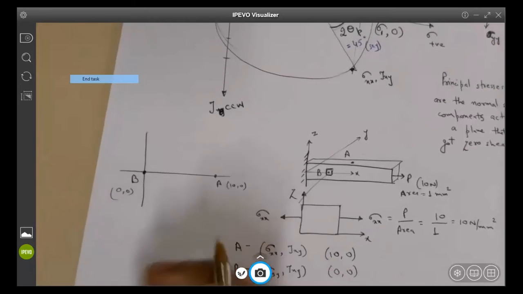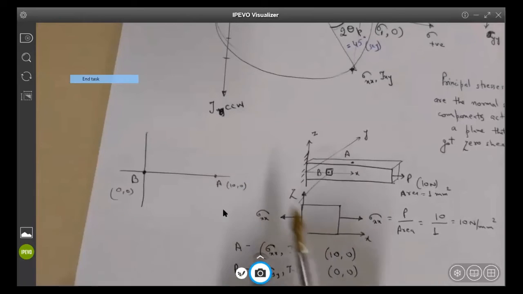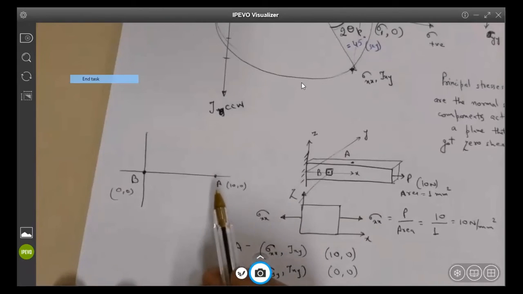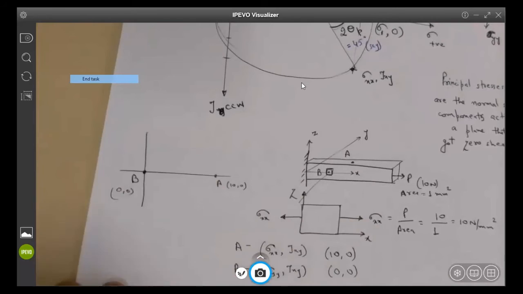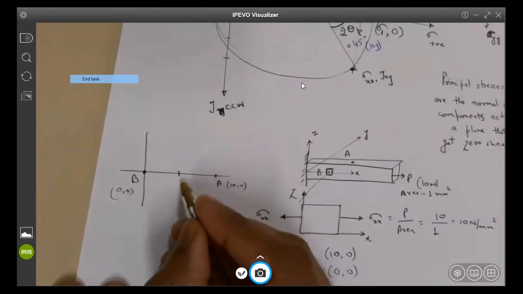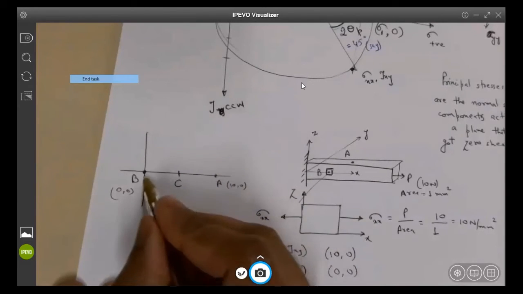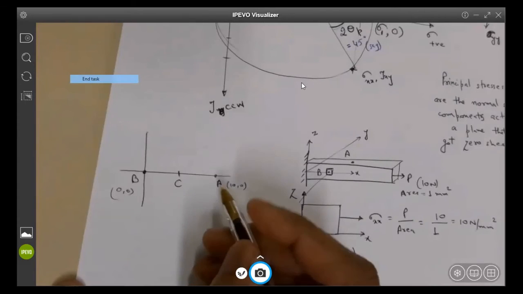Let me ask somebody, Ryan Hagen. What will be the center of this Mohr circle then? 5, 0. Yes, it will be the center of this line, which will be the center of the Mohr circle, and the radius will be 5.